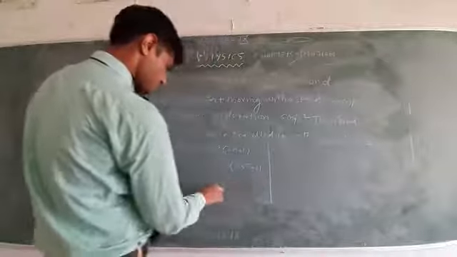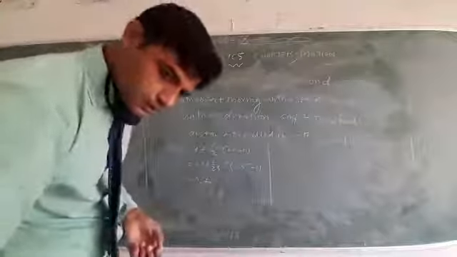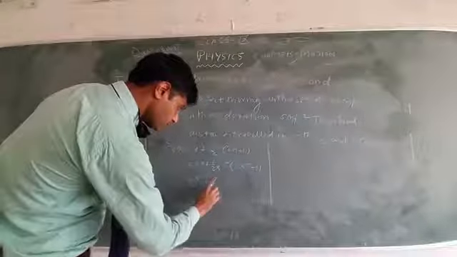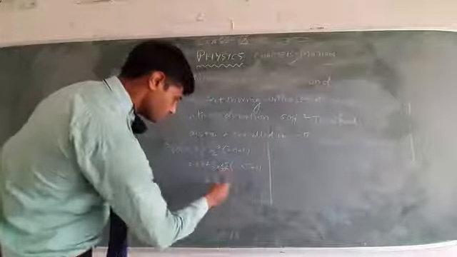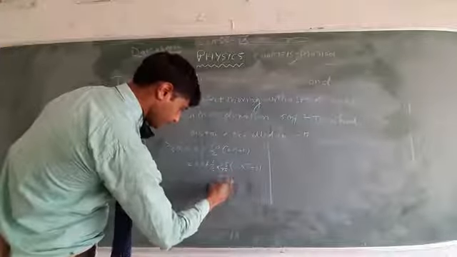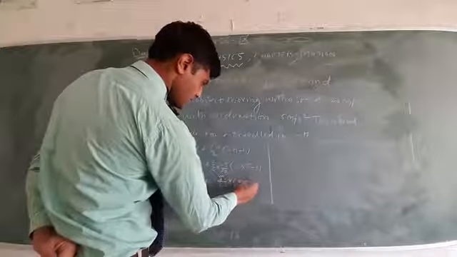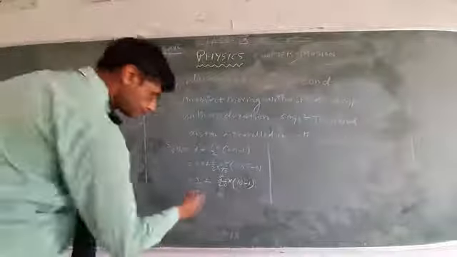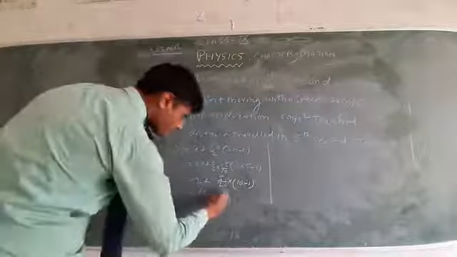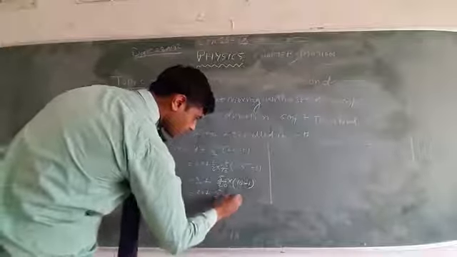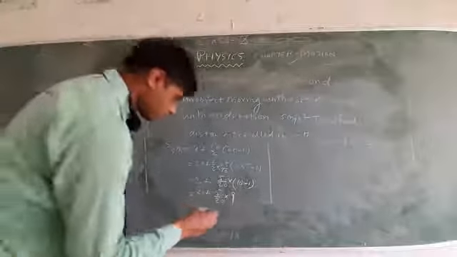So it means 20 plus, this is 1 upon 2 into 0.5, so 0.5 upon 2 into (2 times 5 minus 1). So 20 plus 0.5 upon 2 into 9. Okay, so you can solve it.